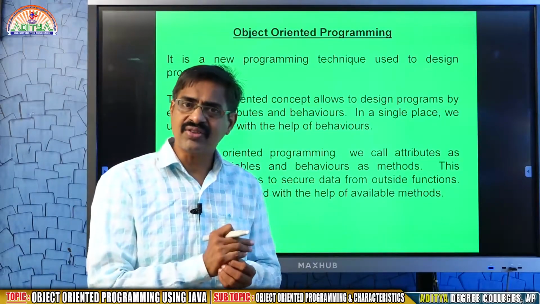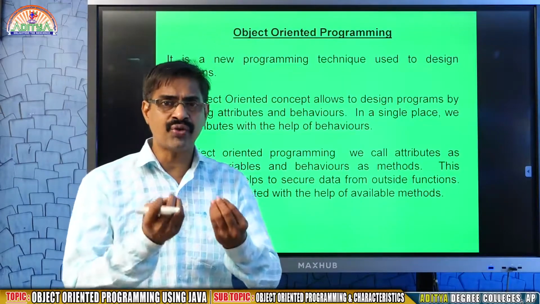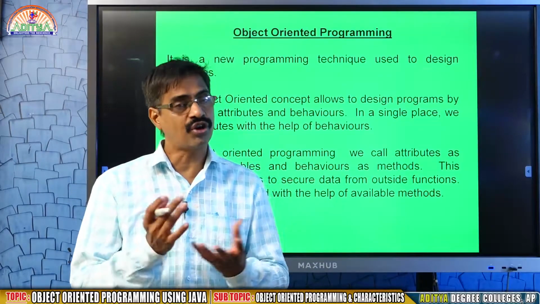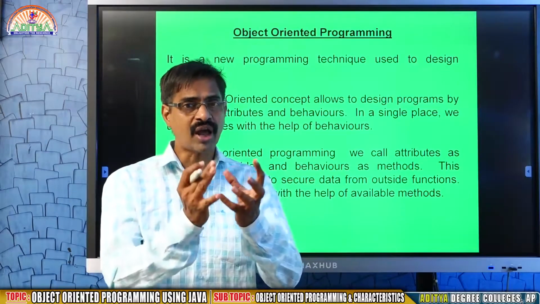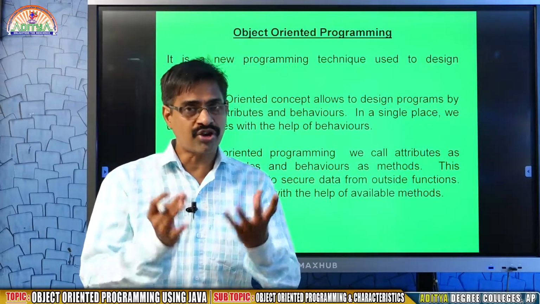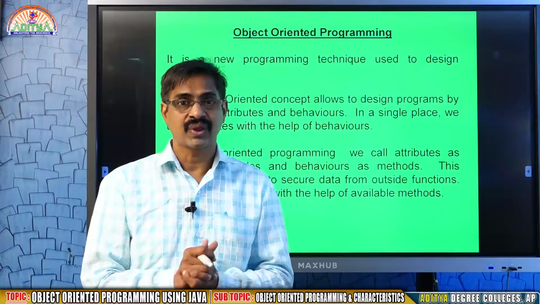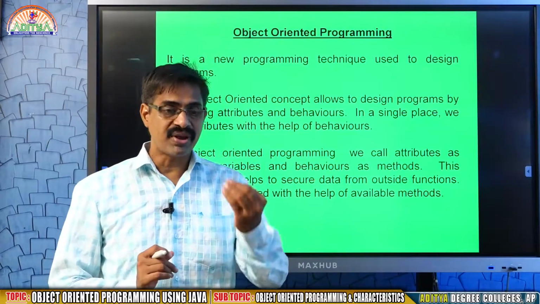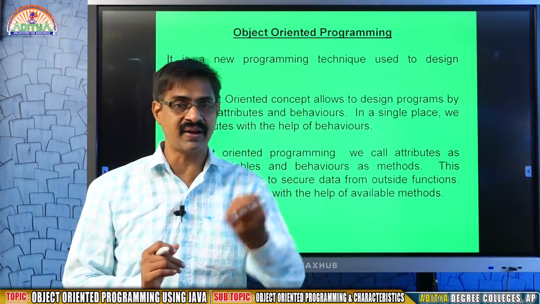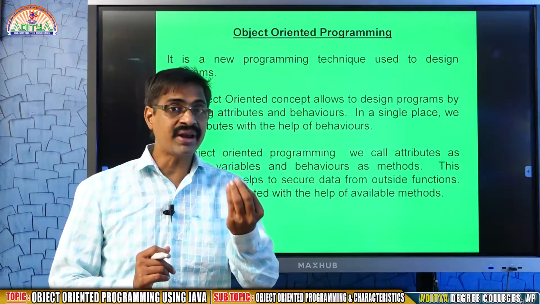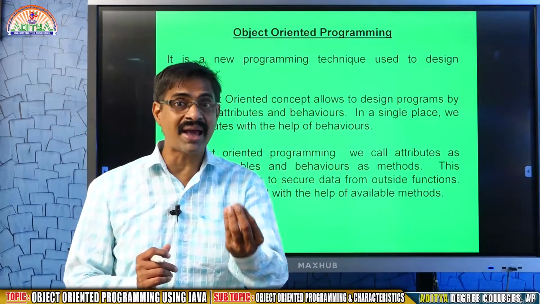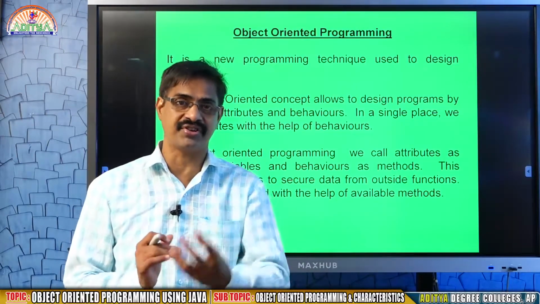Like C language, here also we use variables, constants, and all types of control statements, everything. But the thing is, instead of creating variables directly, we create variables in an entity that is called an object.